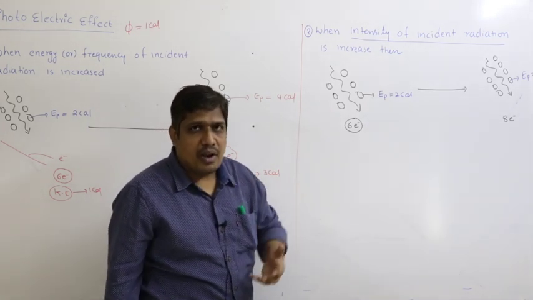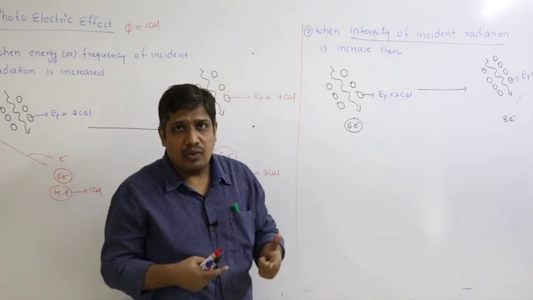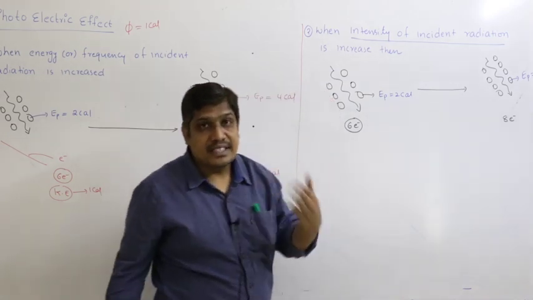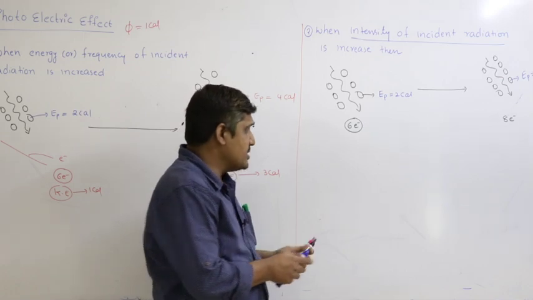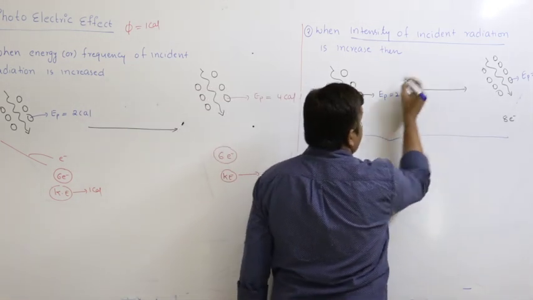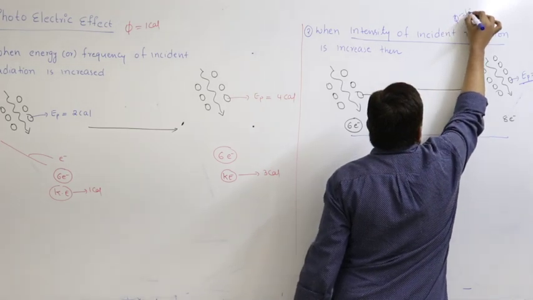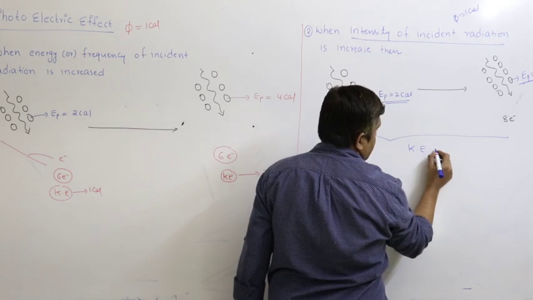So if you have more photons, then one electron absorbs 1 photon. Since you are providing more photons, more photoelectrons will be ejected. Kinetic energy remains the same because the energy of photon is the same. Say the work function is also 1 calorie.